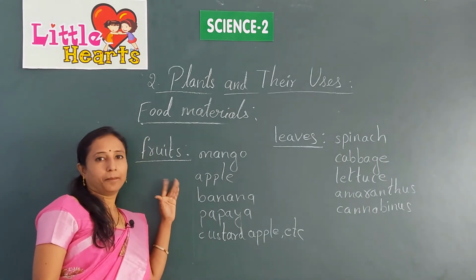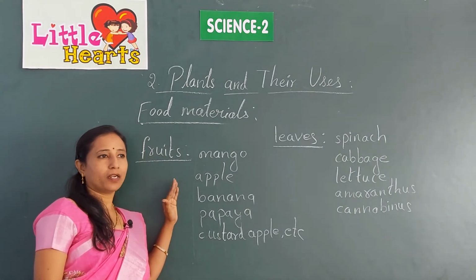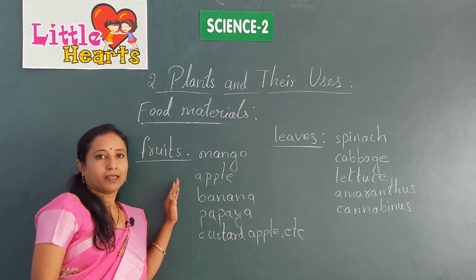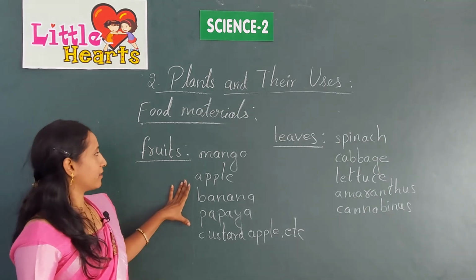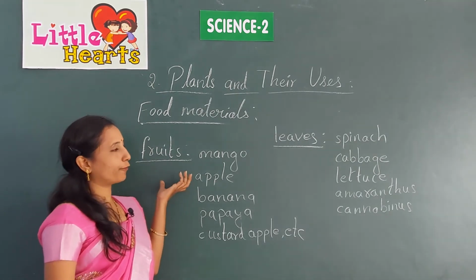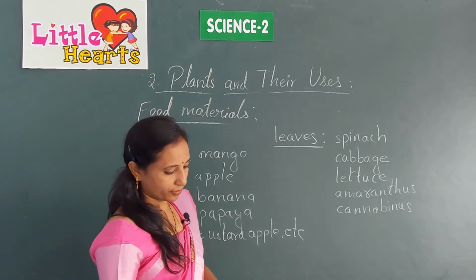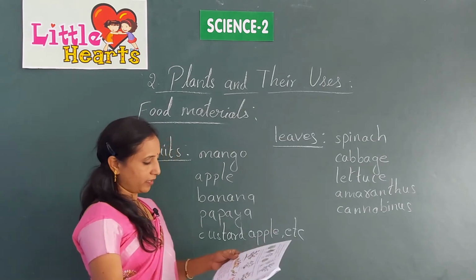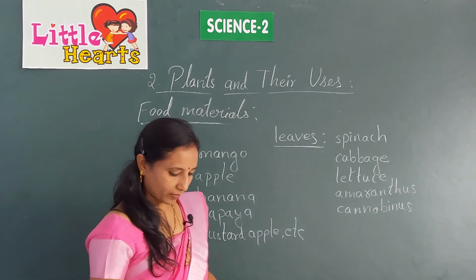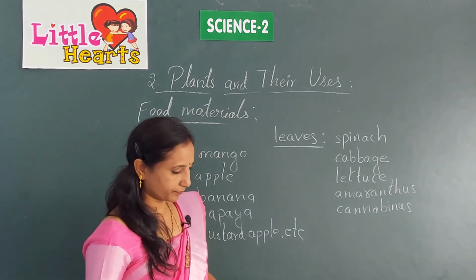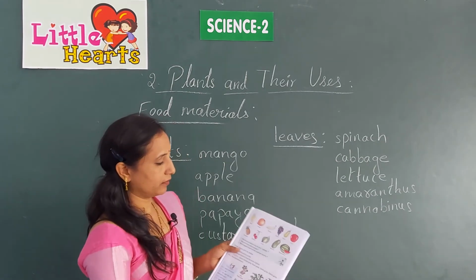Plants store food in these parts, so we take the fruits also as our food. If you look into the page, you can see some different kinds of fruits here. See here.